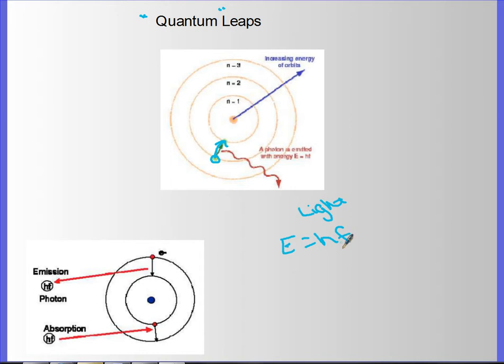So the energy of my photon that is emitted is equal to hf, while if I'm going from a lower level to a higher, I'm going to absorb energy equal to hf. It doesn't matter whether it's emitted or absorbed. The energy emitted or absorbed is always hf, where f is the frequency of the light. So this is the color. We're going to see different colors based on what is being emitted.